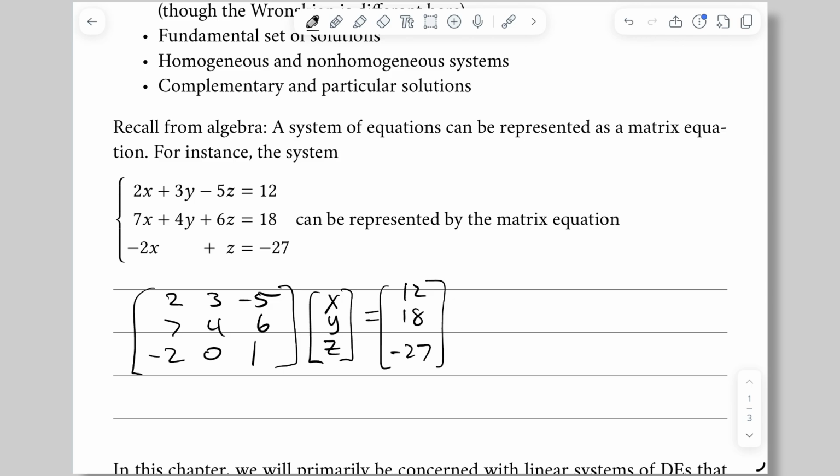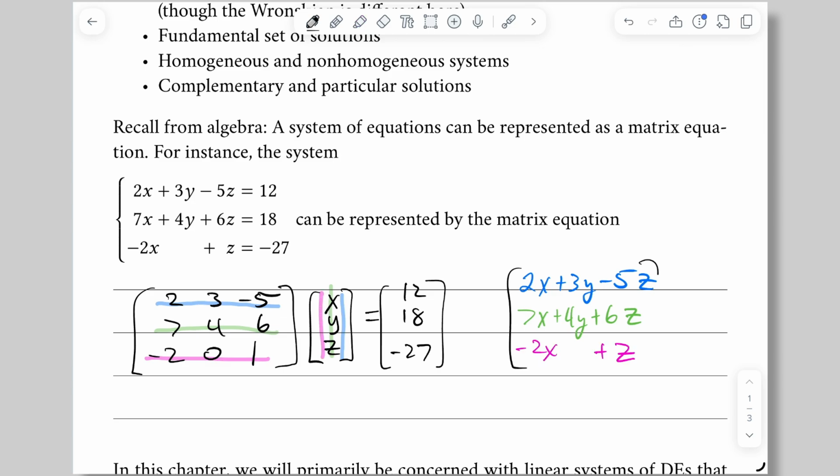The reason this works is because of how matrix multiplication works. Just as a quick refresher, we take the entries of the first row, 2, 3, negative 5, and multiply them each by the entries in the column x, y, and z, and end up with 2x plus 3y minus 5z. We do the same for the second row to get the second expression, 7x plus 4y plus 6z, and then the third row to get negative 2x plus z.